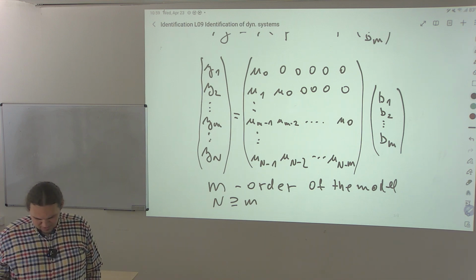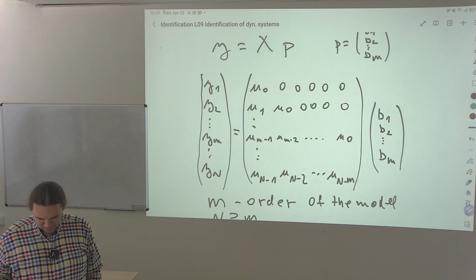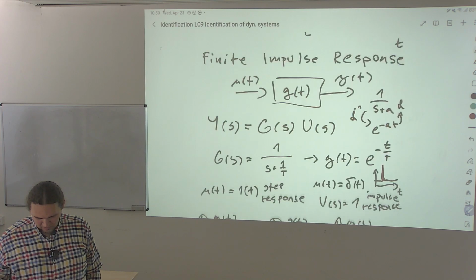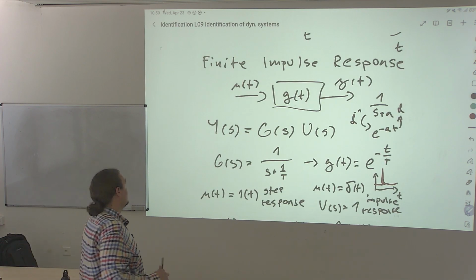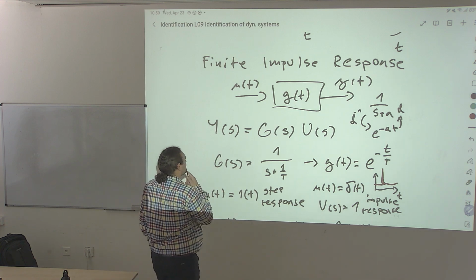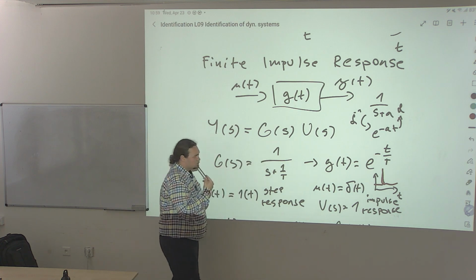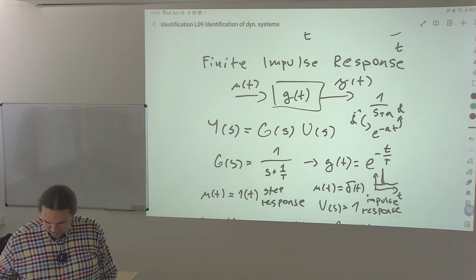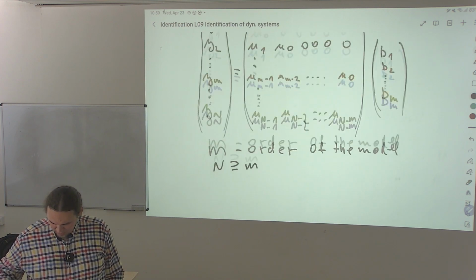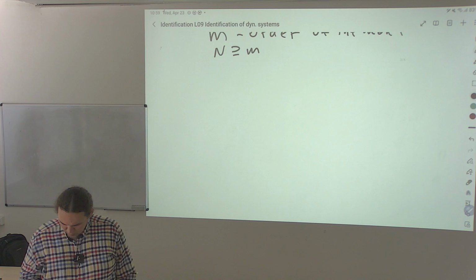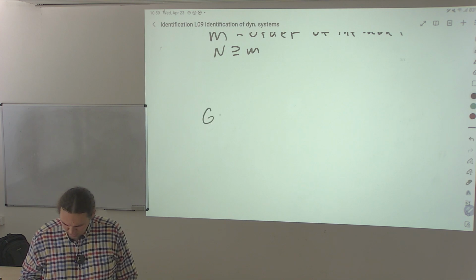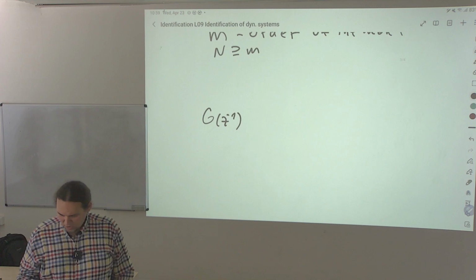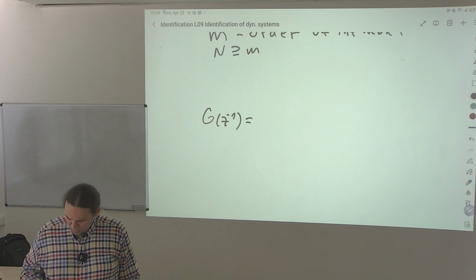All right. So let's now see how we can extend this, how we can maybe get to the types of models that you are more used to in this discrete time domain world.